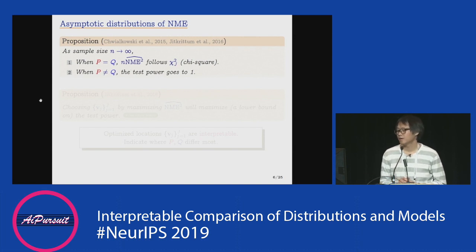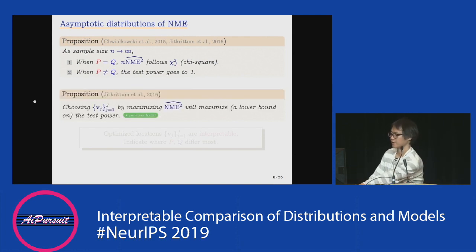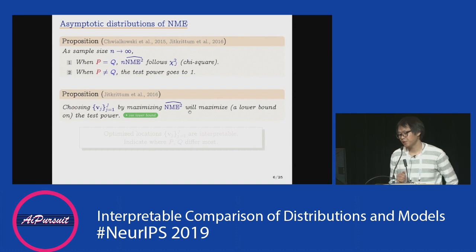And further, one can choose the test locations V1 to Vj by maximizing the statistic itself, the NME squared. If you do this, it will maximize the test power. So this is one nice property of the NME. In general, it is not true that when you take a test statistic and maximize it, it gives you the maximum test power.